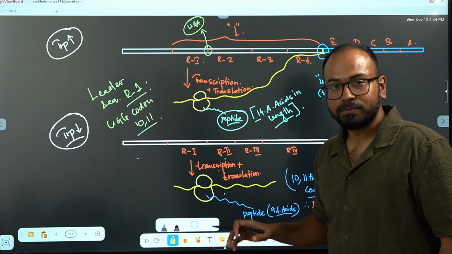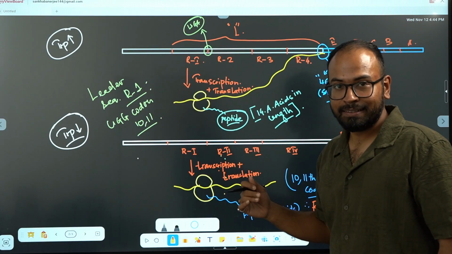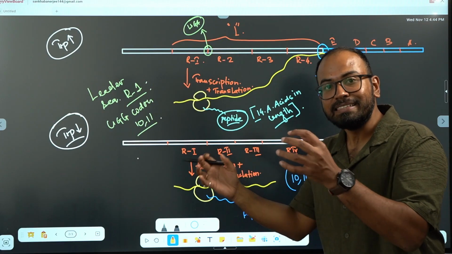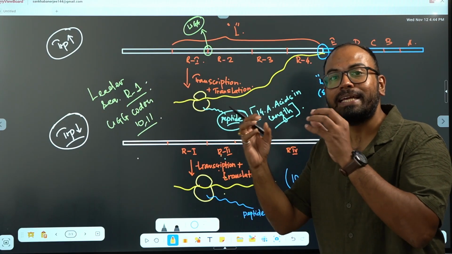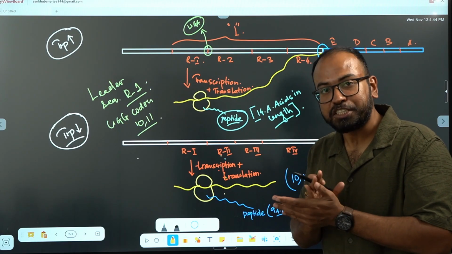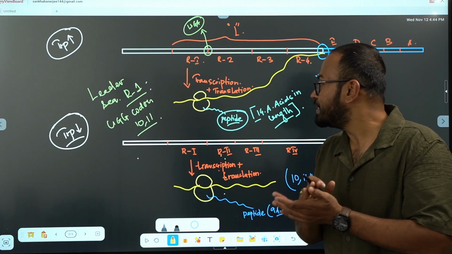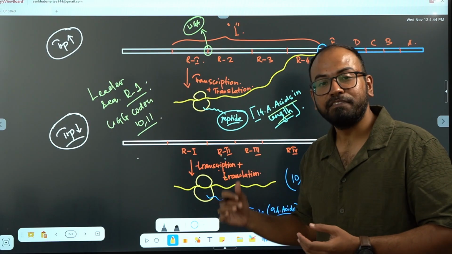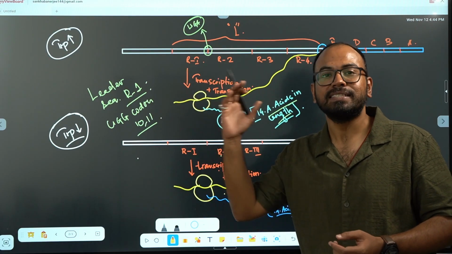The ribosome, after synthesizing, when it receives the stop codon, will get released. So, we will receive a stretch of leader peptide, which is about 14 amino acids in length. That will start with our methionine and end with our serine.